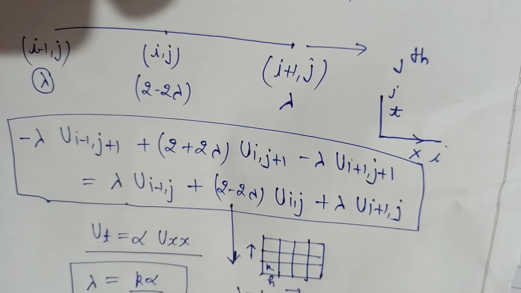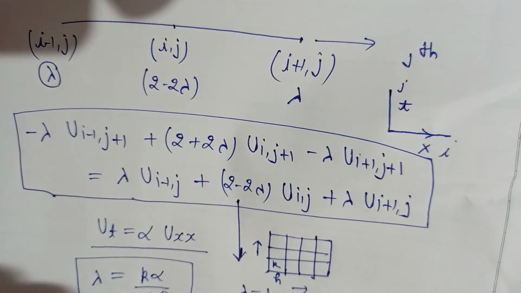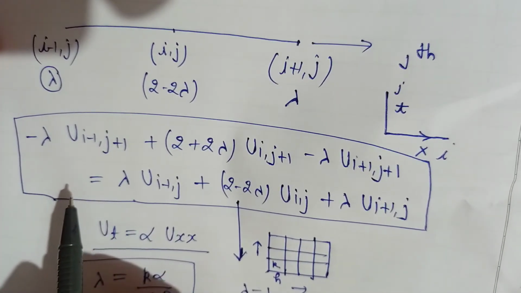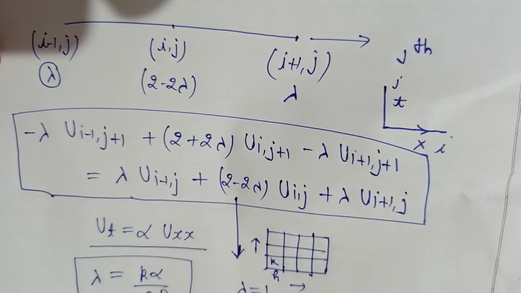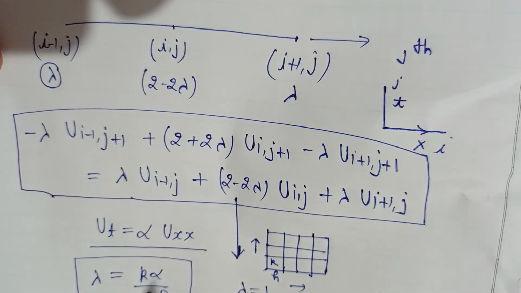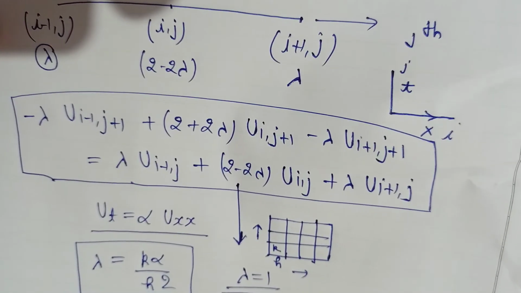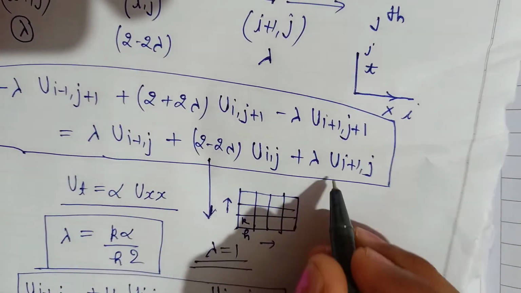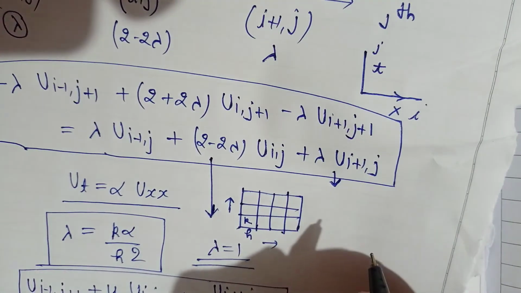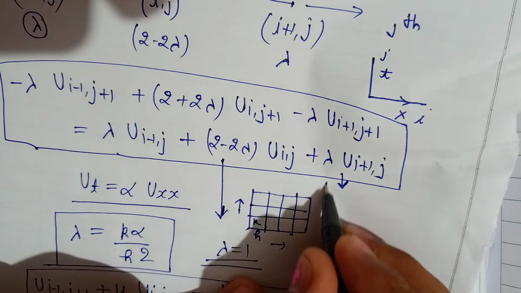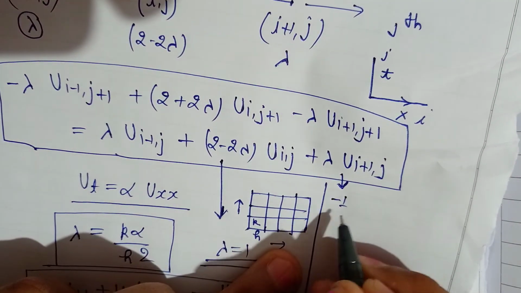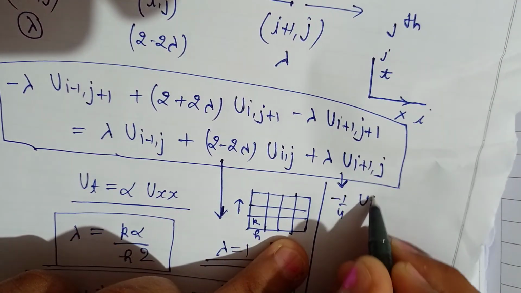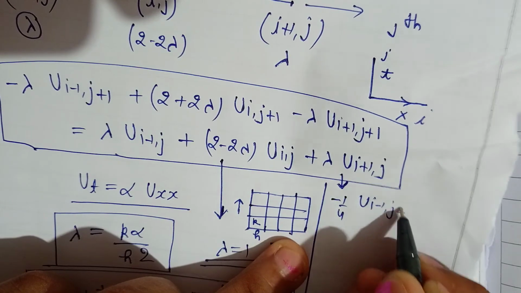Now let us apply the Crank-Nicolson formula. So this is the Crank-Nicolson formula. Lambda equal to 1 by 4. If you substitute lambda equal to 1 by 4, for this problem the first term we get is minus 1 by 4 u(i minus 1, j plus 1).